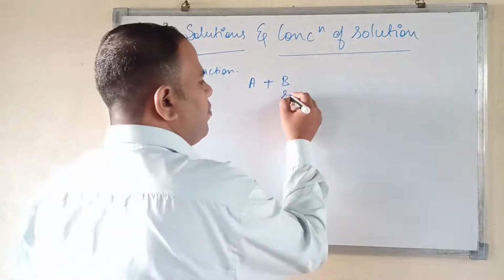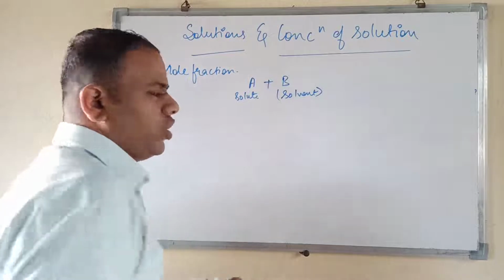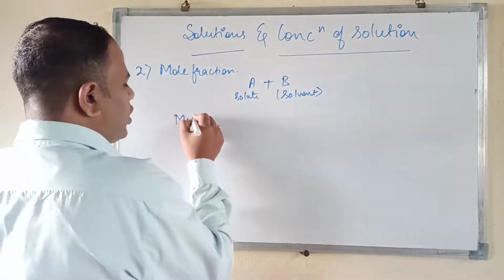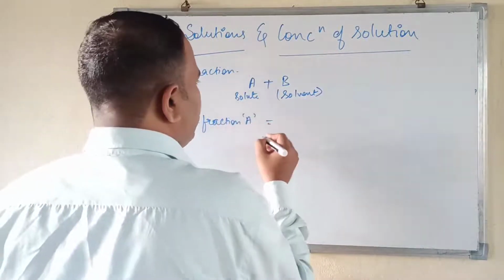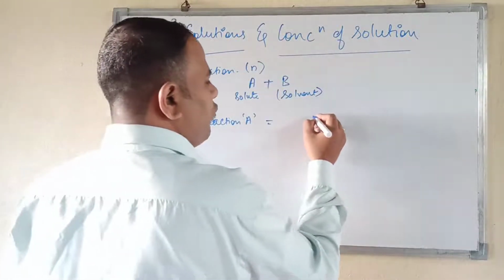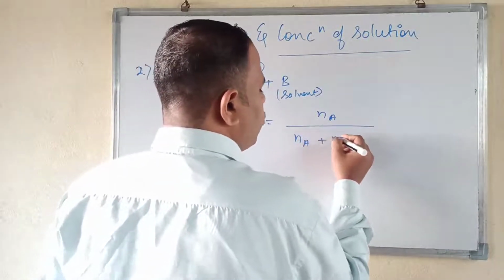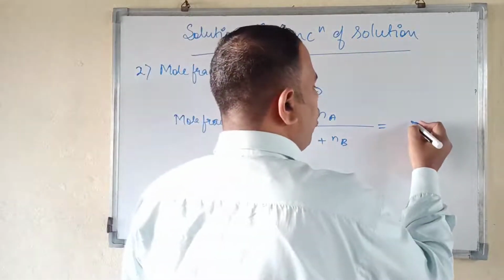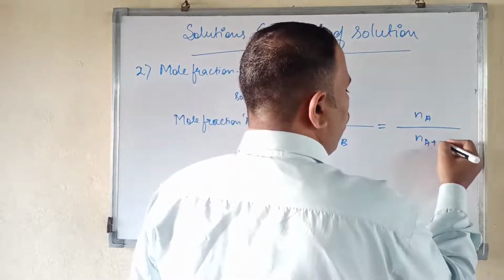Let's say B is the solvent and A is the solute. Now the mole fraction of A, remember, is denoted by the symbol X. The mole fraction of A will be the moles of A divided by the moles of A plus the moles of B. As I told you, it is always the ratio of one component divided by the total number of moles of the components.